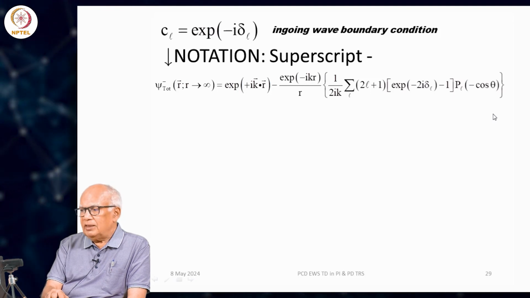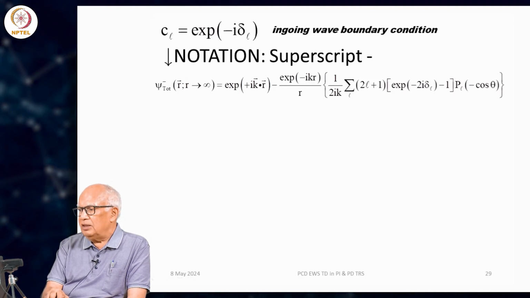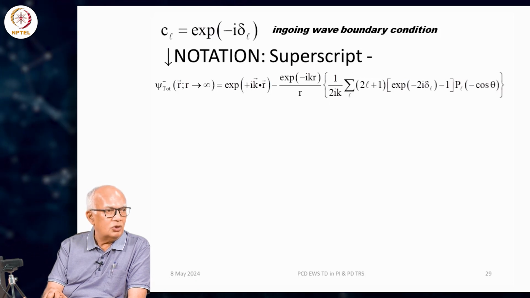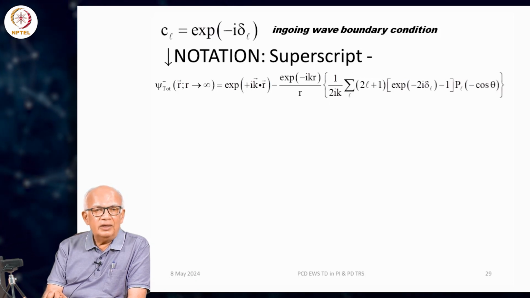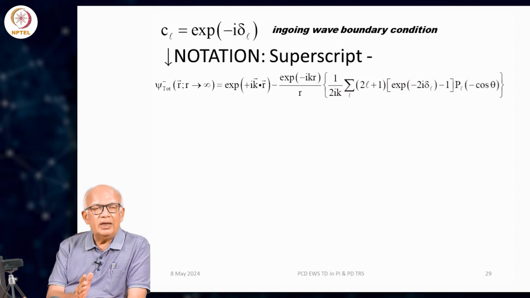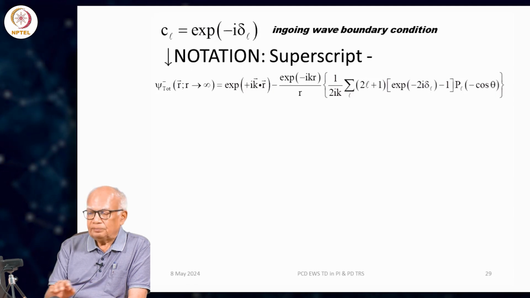So, there are various things which are different. For example, you notice that there is a PL of minus cosine theta instead of PL of cosine theta and so on. These are the details which come because of this CL being chosen as e to the minus i delta L.